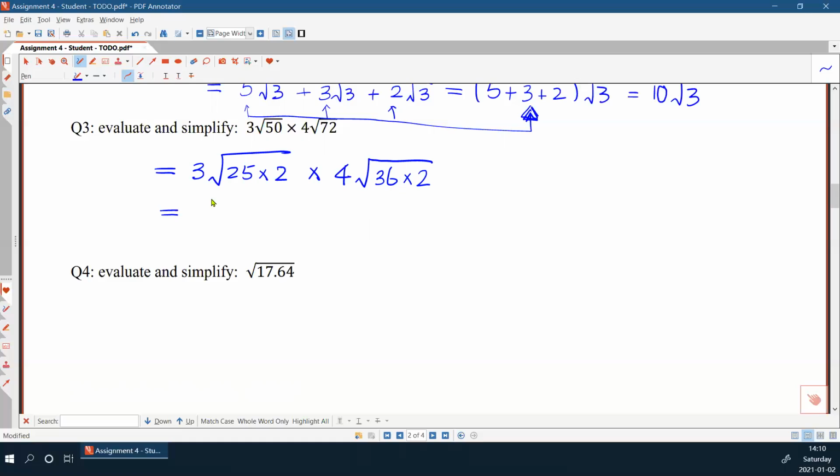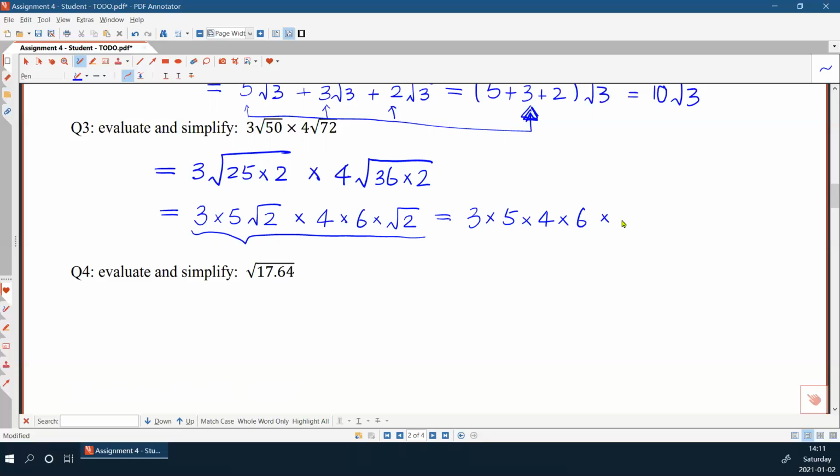So the first term is 3 by 5 square root 2. The second term would be 4 by 6 times square root 2, right? So then we multiply these numbers all together, which gives us 3 by 5 by 6 by 4 by 6 by square root 2 square root of 2.